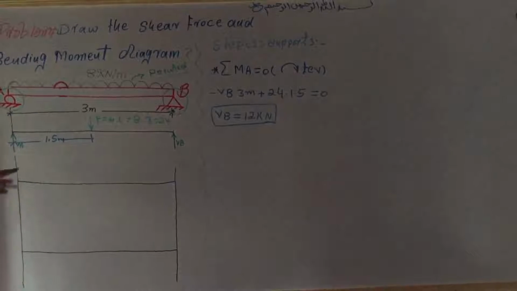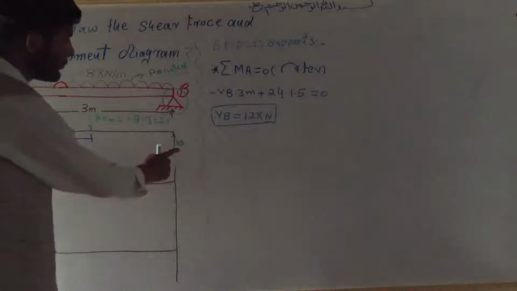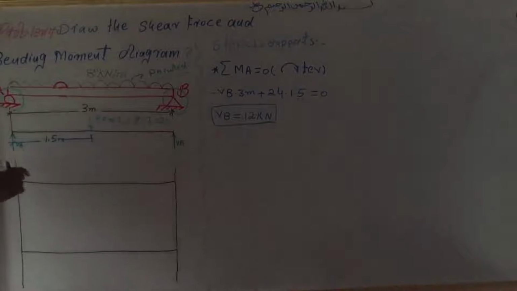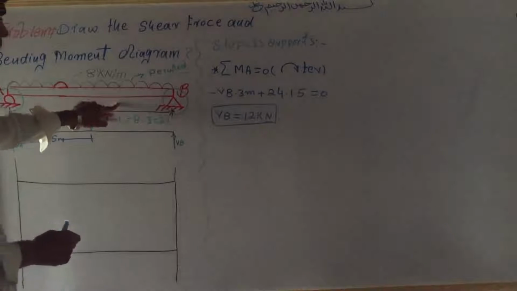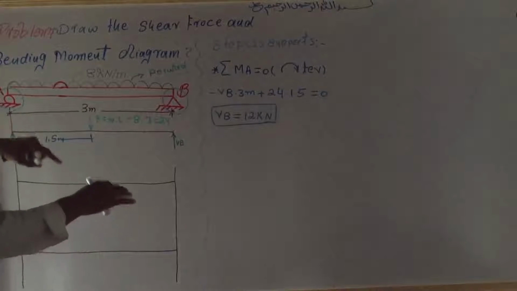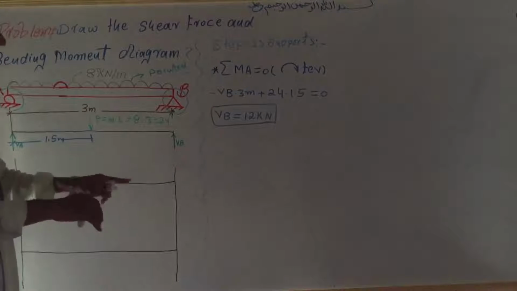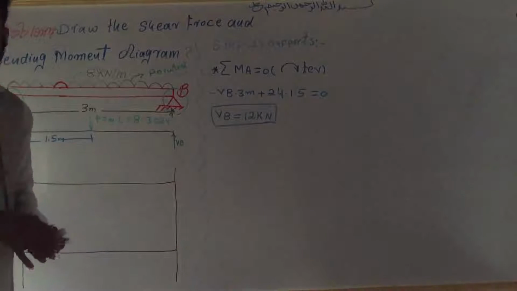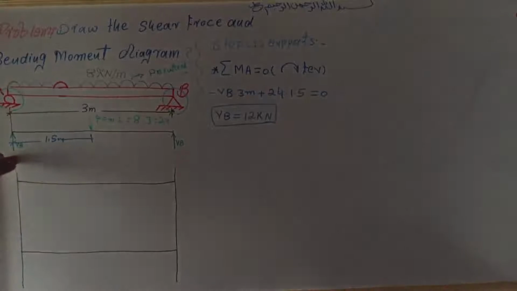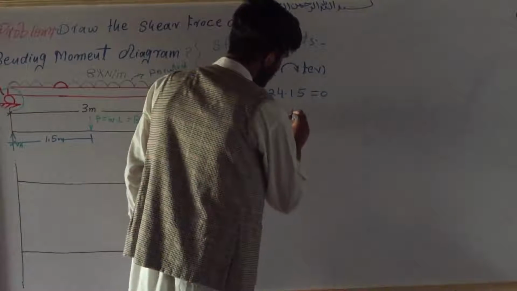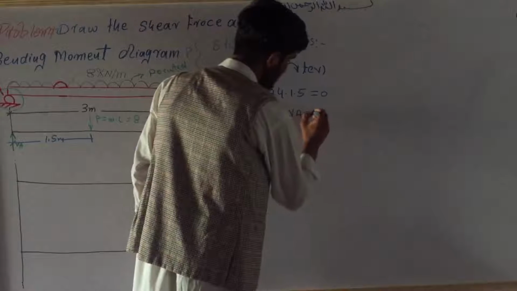So we found this VB reaction. How can we find VA? When we look at this beam from A to B, the load is uniform along every part of the beam, so VA and VB are equal. So VA is also 12 kilonewton.